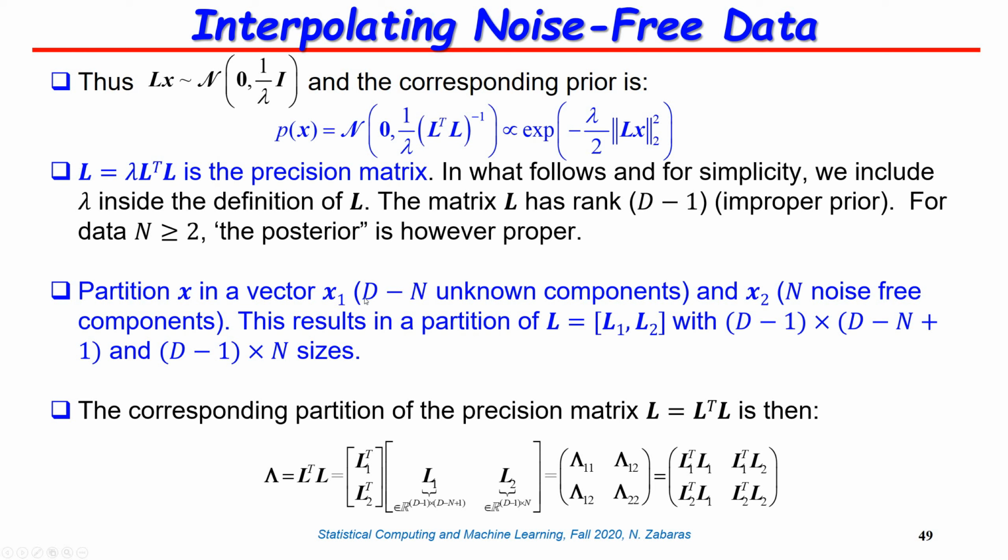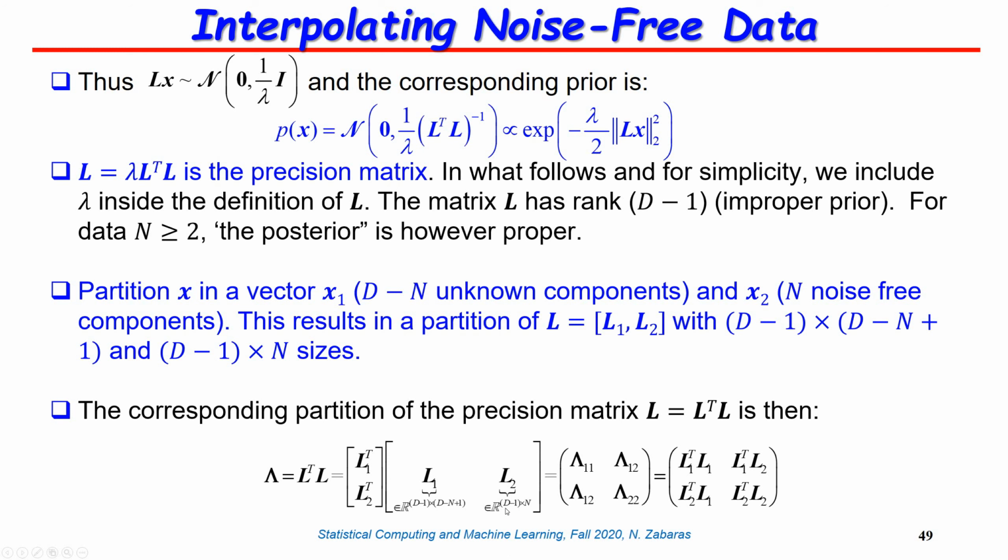So I partition x into d minus n unknowns and n known values. Again, this partition doesn't need to involve components in the grid that are sequential, but in principle, take all your x's that are unknown and put them on the top of the vector, and take all the x's that are known and put them on the bottom.